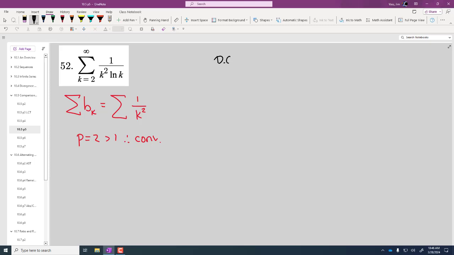So if we go the DCT method, we would want to show that the a sub k's are smaller than the b sub k's. Smaller than converging will converge. So we would want to show 1 over k squared natural log of k, is that less than 1 over k squared?